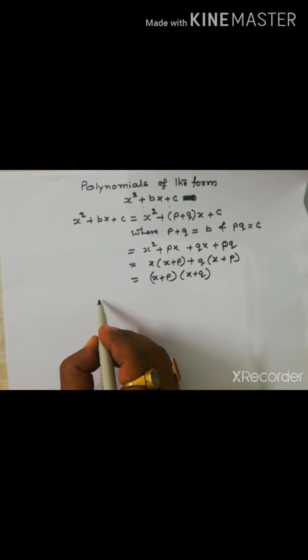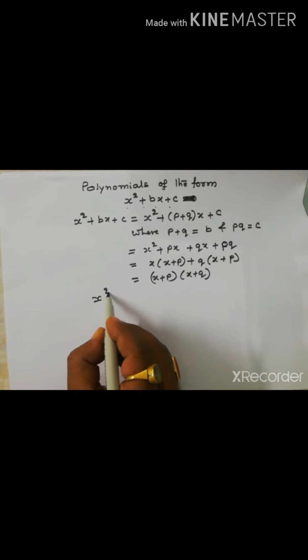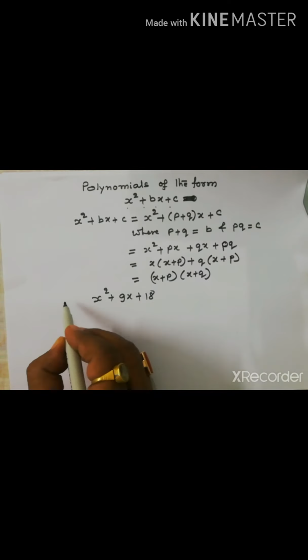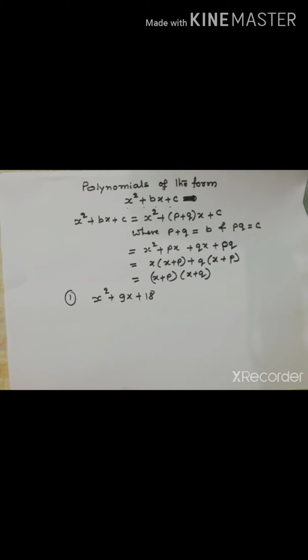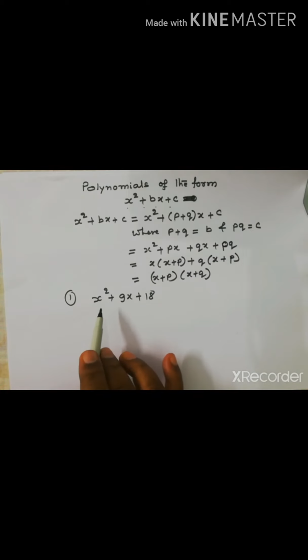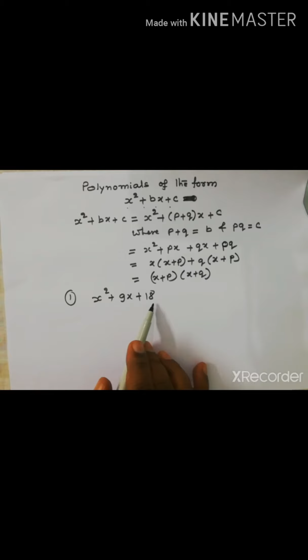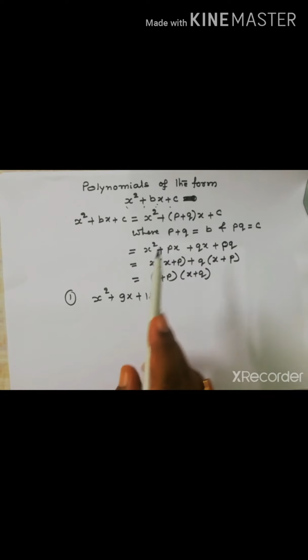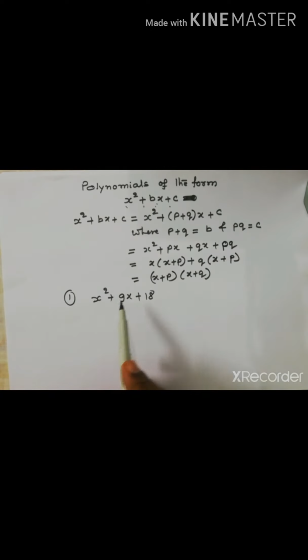Let's take one example, x square plus 9x plus 18, suppose. This is a question and we have to factorize this polynomial. We are seeing that this polynomial is of the form x square plus bx plus c. In place of b, 9 is there. In place of c, 18 is there.